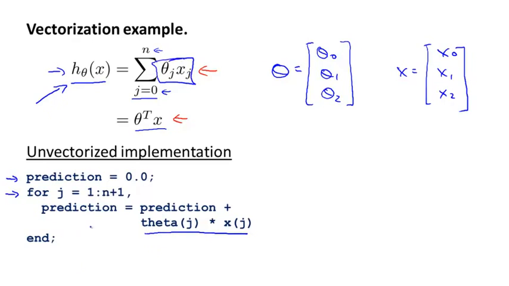By the way, I should mention that in these vectors I wrote over here, the vectors were 0-indexed, so I had theta 0, theta 1, theta 2.